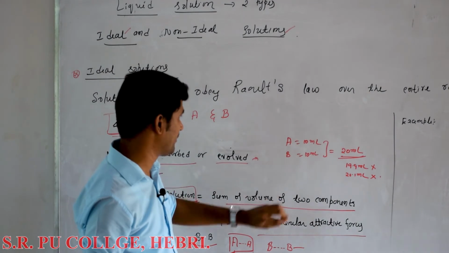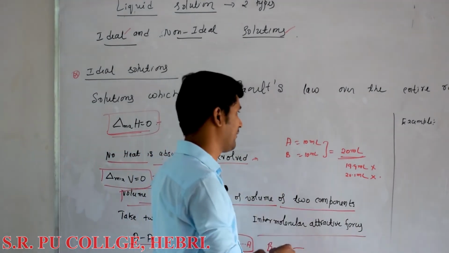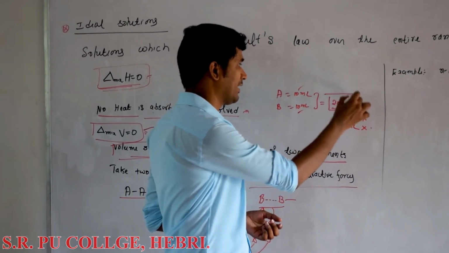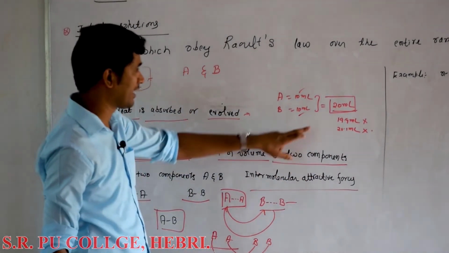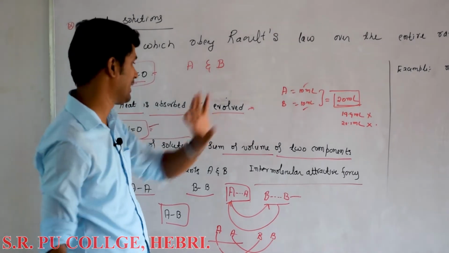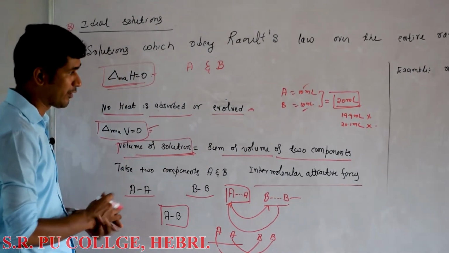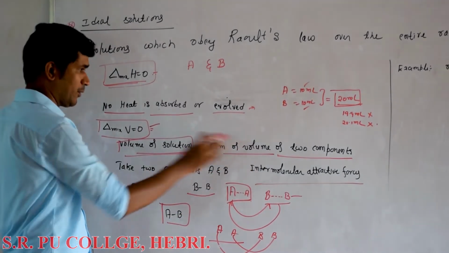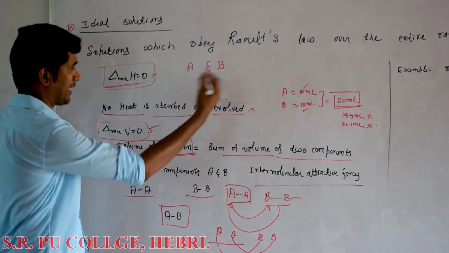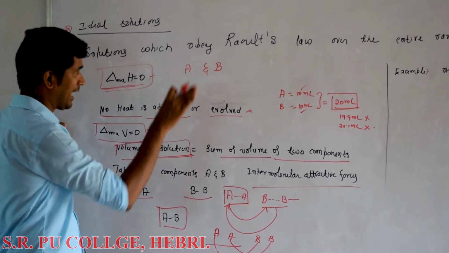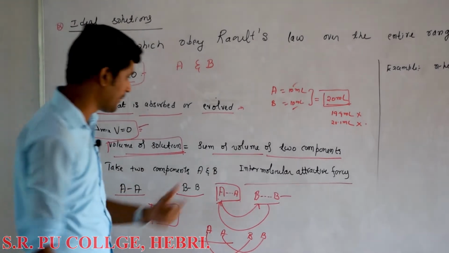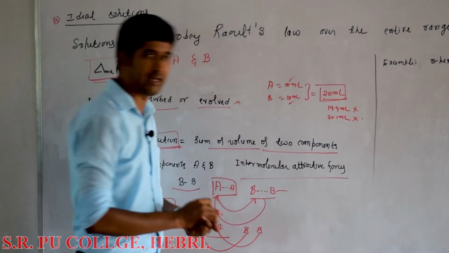I have already given the example; I will explain the same one. If you take 10 ml of A and 10 ml of B, after mixing you have to get 20 ml of the solution, not 19.9 or 20.1 ml. Next, in terms of intermolecular attractive forces: in component A we have AA type of interaction, in component B we have BB type of interaction.